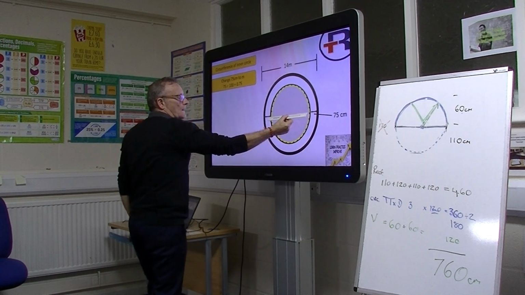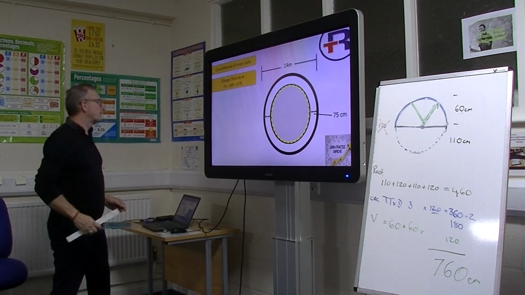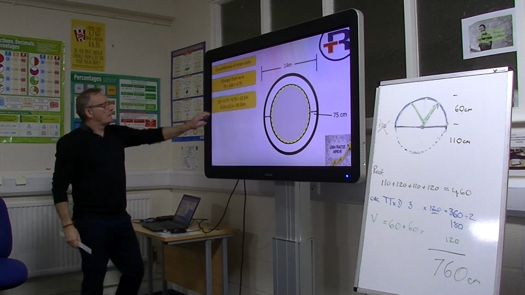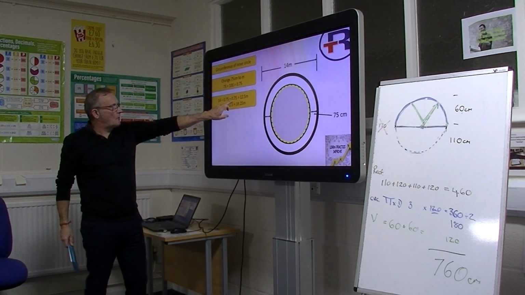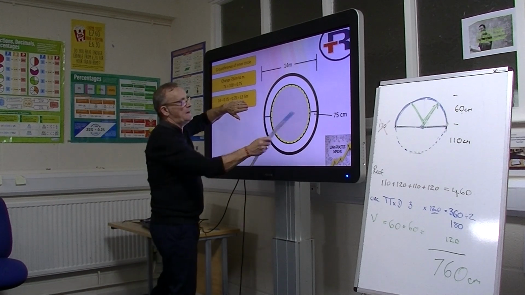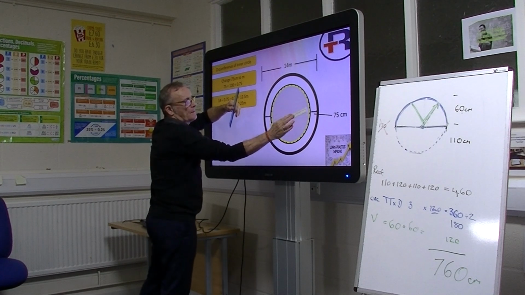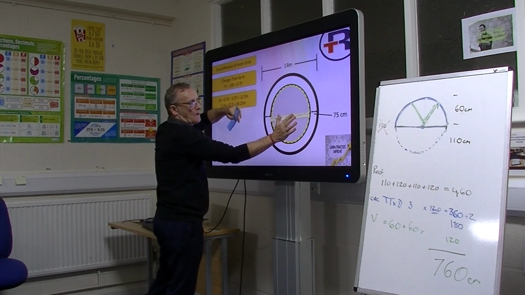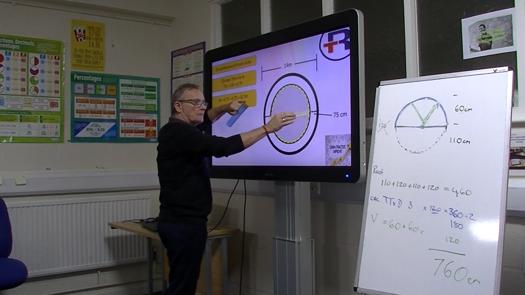Does that make sense? Yeah? So there's the 14. Take away the 0.75, take away the 0.75. So that means that this bit here now is 12.5 metres. That white ruler is 12.5 metres, which is the diameter of the smaller circle.